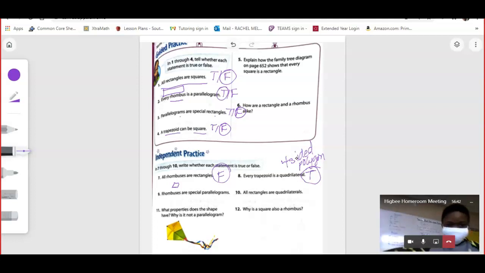Okay. This next one, rhombuses are special parallelograms, is true. Okay, so why is number 9 true? Raise your digital hand, not your actual hand. Elijah, why is that true?